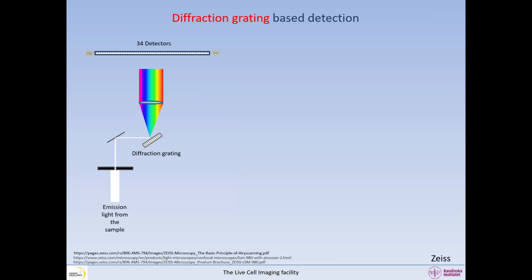Zeiss also came out with a system that uses a diffraction grating. Zeiss has altogether 34 detectors, in comparison with the 32 in Nikon.